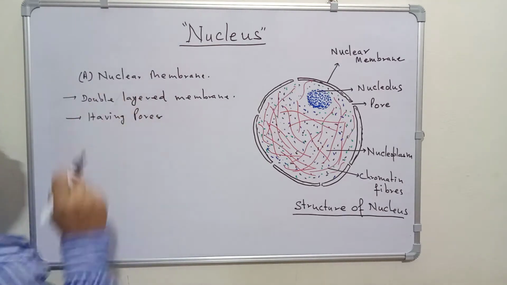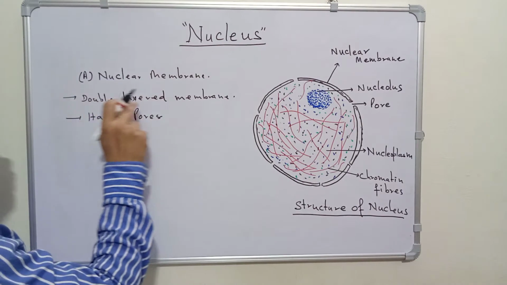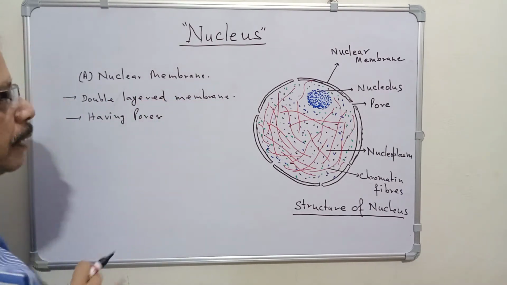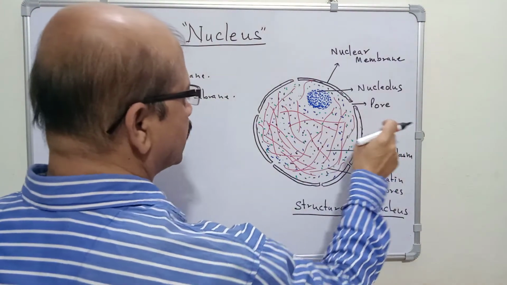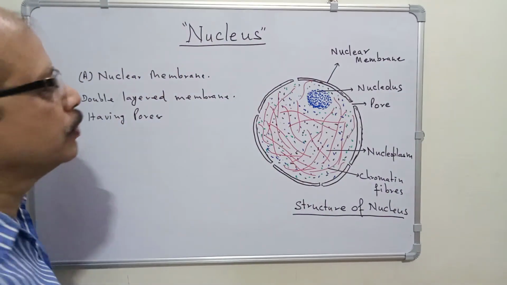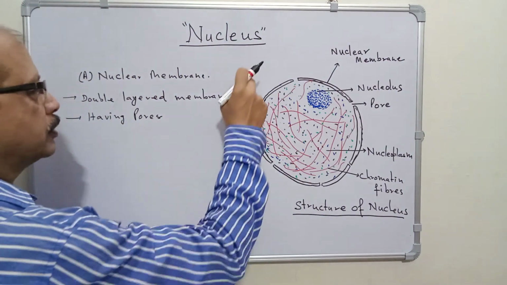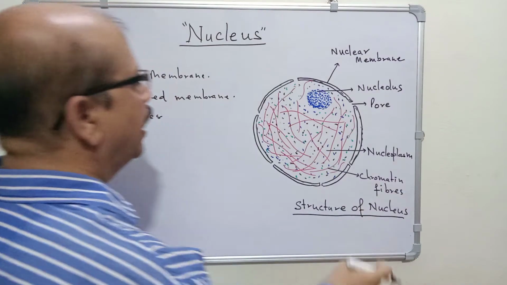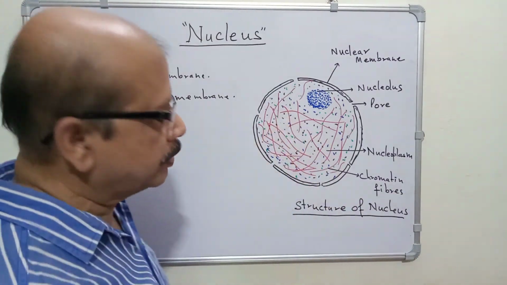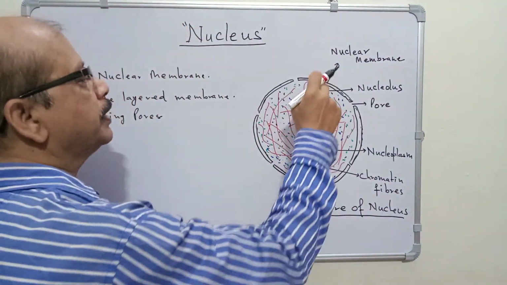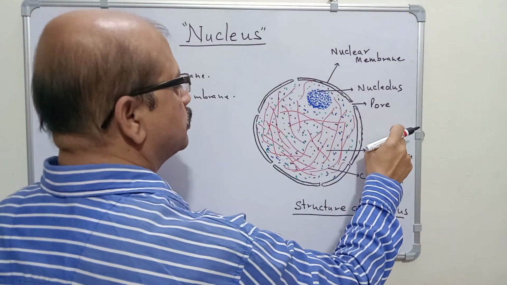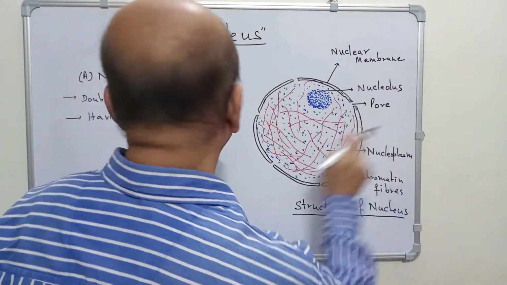Now, what is nuclear membrane? Nuclear membrane is a double-layered membrane which separates the cytoplasm from the nucleoplasm. Outside it, the cytoplasm is present, and inside it, nucleoplasm is present. So it separates nucleoplasm from cytoplasm.